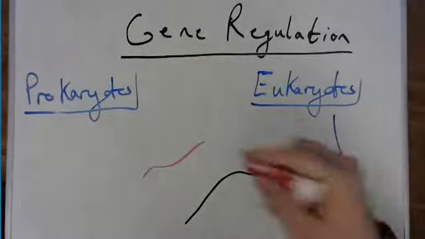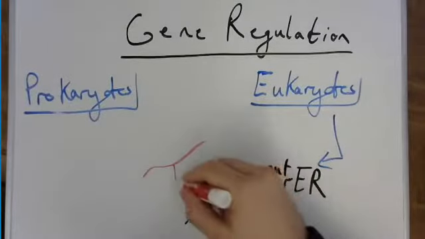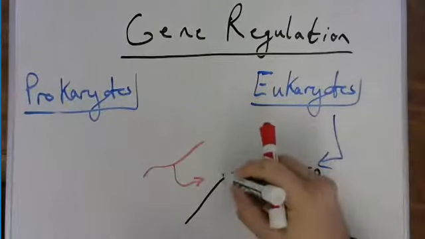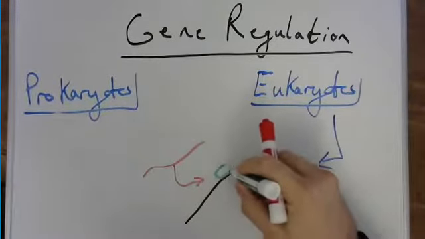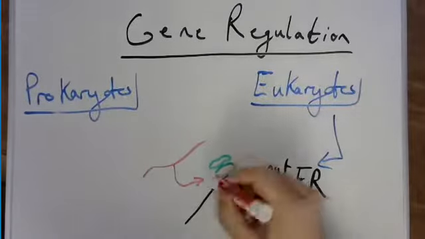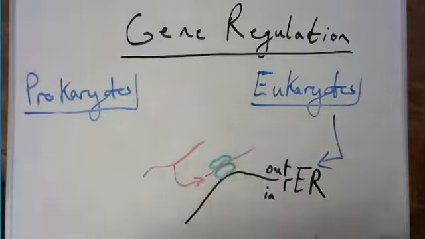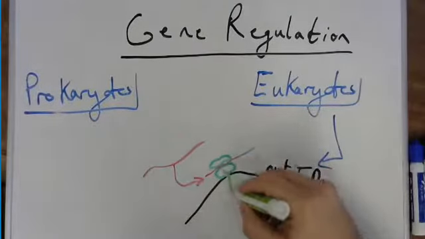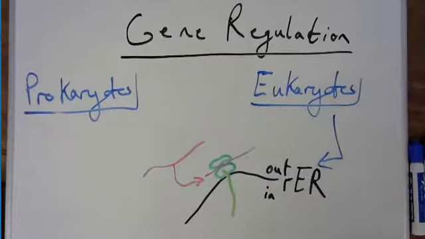When that piece of RNA goes and attaches itself to a ribosome on the surface of that rough ER, that RNA is read, and protein is made inside the ER.